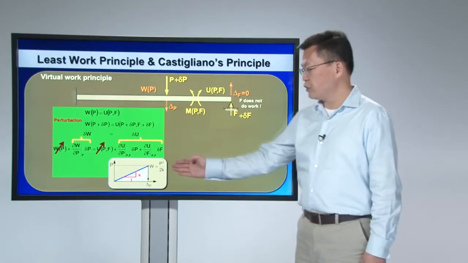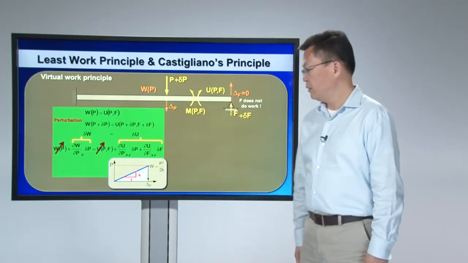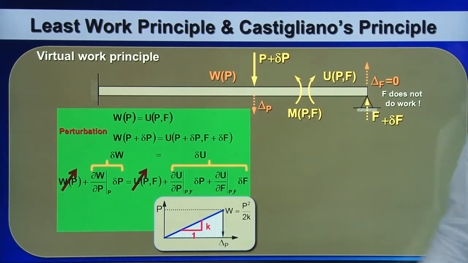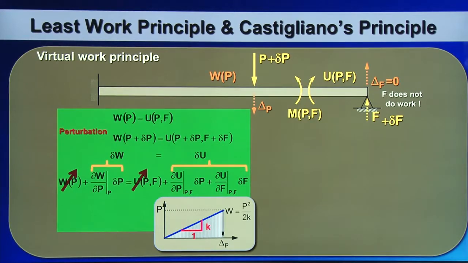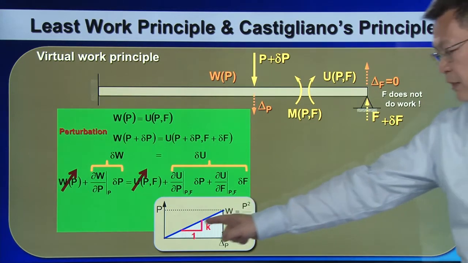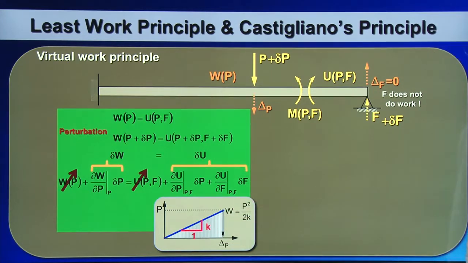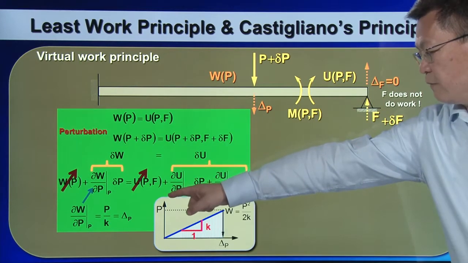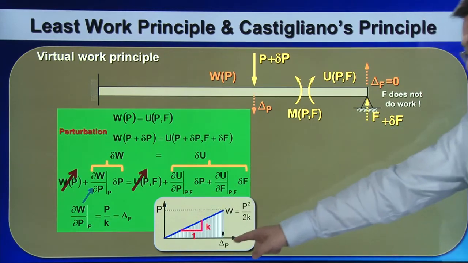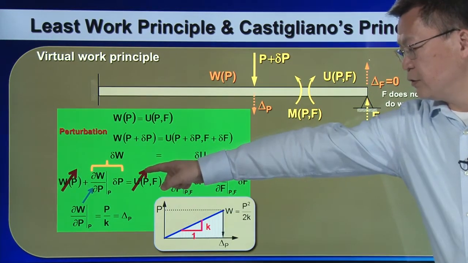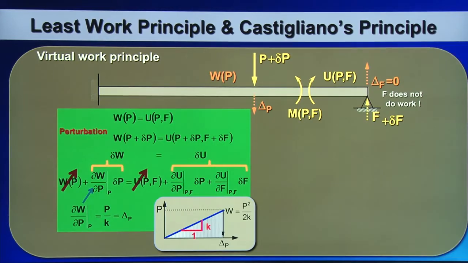Assuming that the structure is linear elastic, which means that P and displacement follow a linear relationship, then work is equal to P squared over 2K, K being the slope of the P-delta relationship. Then ∂W/∂P is equal to P over K, which is equal to delta P. So substitute this relationship into the left-hand side of the equations.